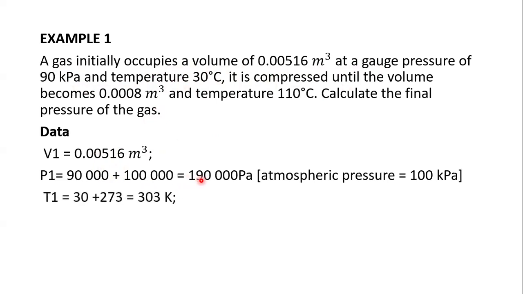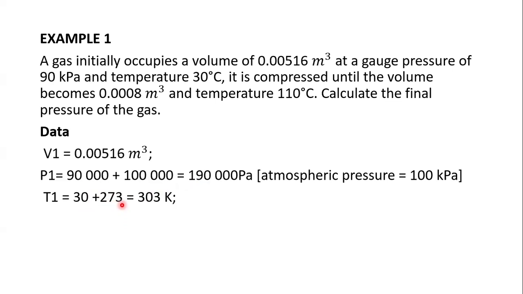Temperature number 1 should also be converted from Celsius to Kelvin, to make sure it's in the absolute scale. How do you do that? You add 273. This is because the Kelvin scale starts at negative 273.15 or thereabout.